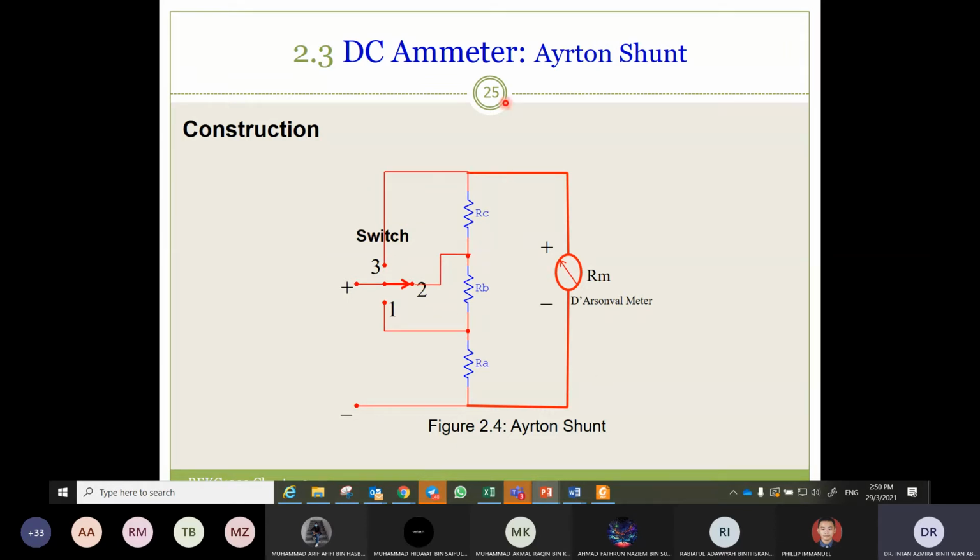Let's say this ammeter has 3 ranges: 10 milli, 50 milli and 100 milli. For an example, for 10 milli the switch is at 1, for 50 milli the switch is at position 2, and for the last one the switch is here.